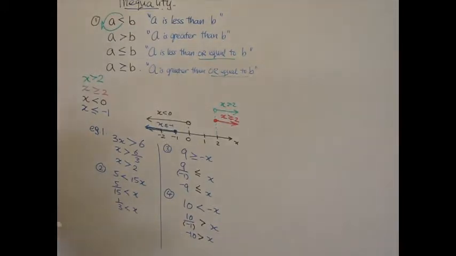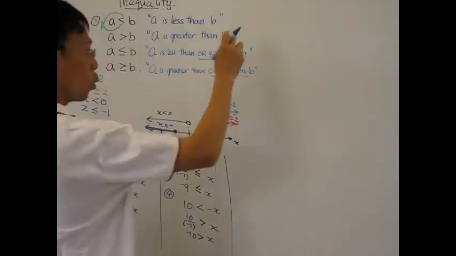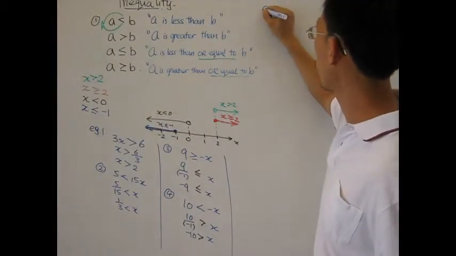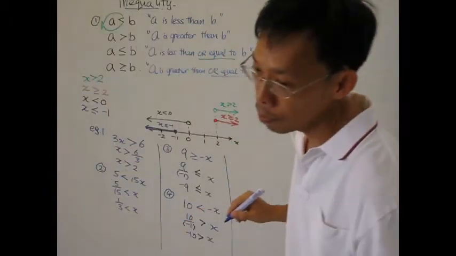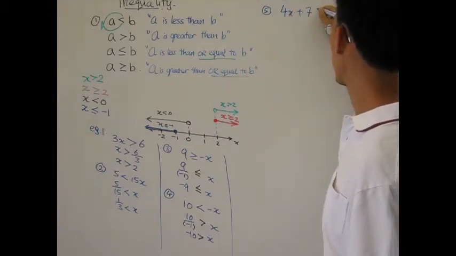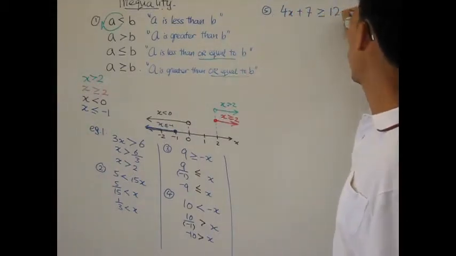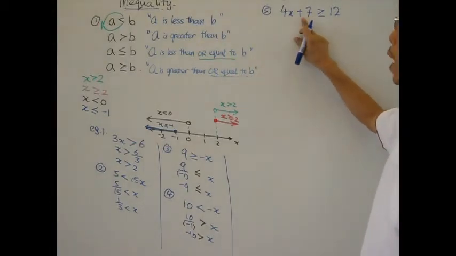Alright, so let's look at another example. I'm going to go to example number 5. I'm going to use, for example, 4x plus 7 greater than or equal to 12. In order to solve this, first get rid of the 7.